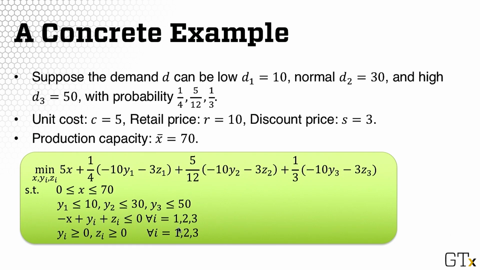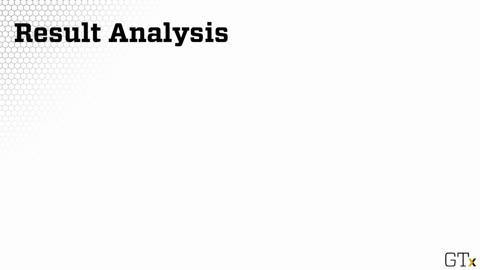Then for each scenario, we have a constraint meaning the total sale cannot be more than the total production, and then non-negativity. So again, this is the implementation of the two-stage stochastic problem. Okay, and you see that this is a linear program. So let's solve the problem.